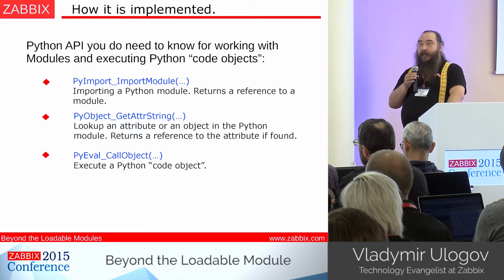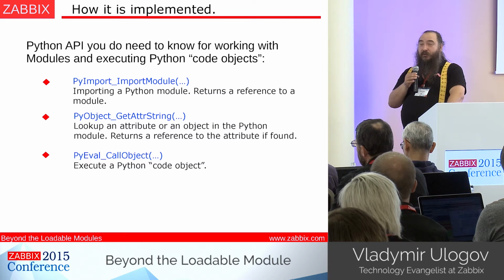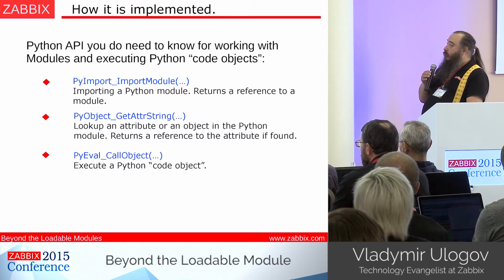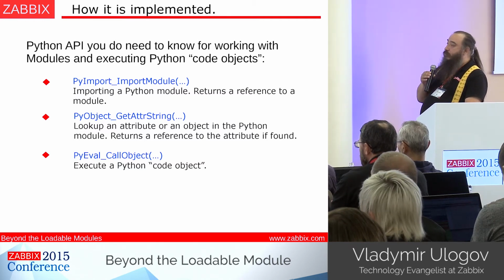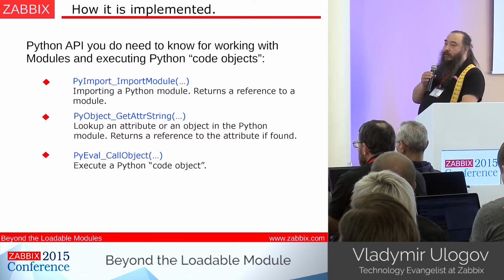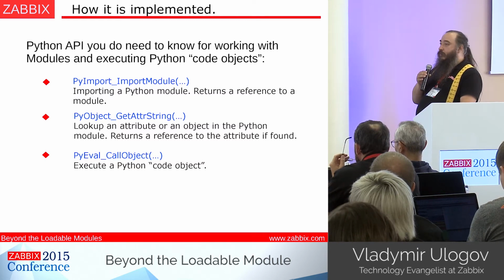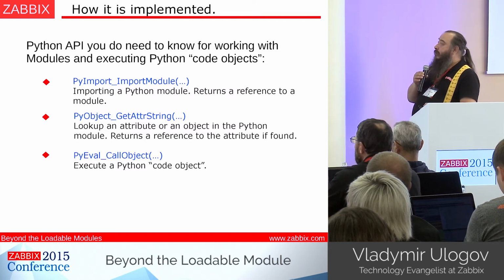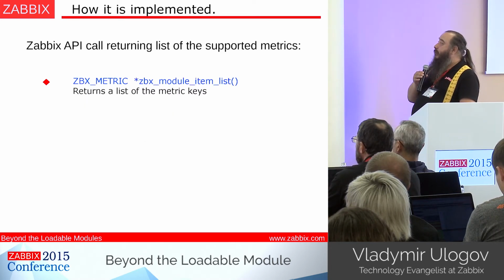So that's how I reference, for example, function main during the startup and the shutdown. And PyEval_CallObject, that's how you pass your execution from C to the Python code after you import the module and get the reference on the object.